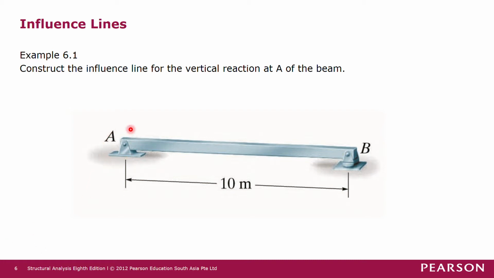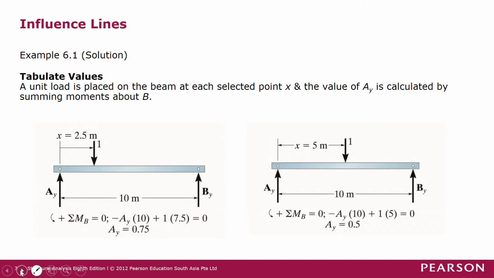Okay, so now we want to draw an influence line for this particular support, which is a pin support with a span of 10 meters. As I mentioned just now, we have two methods. One is by using the tabulated values. The other one is by using the influence line equations.